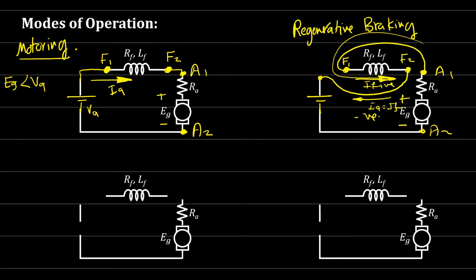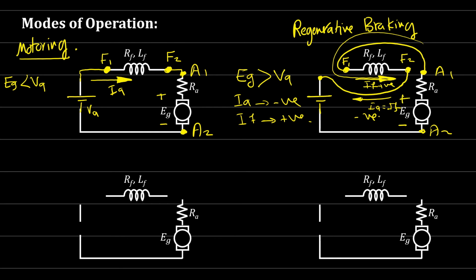So the motor acts as a generator at this point and develops an induced voltage EG, and EG at this point is greater than VA. IA is negative and IF is positive. So this is what we call the regenerative braking.